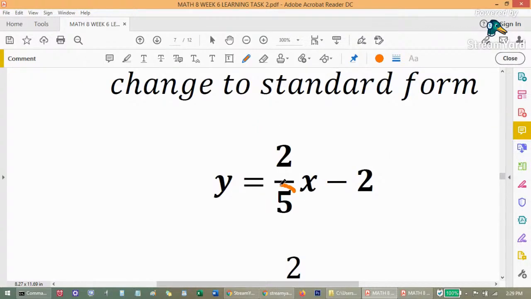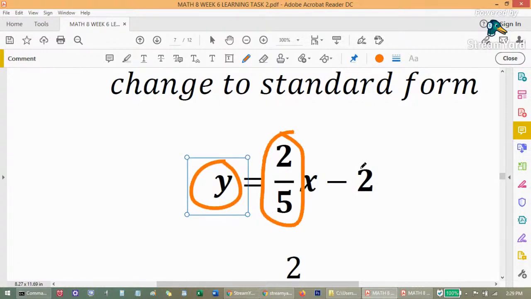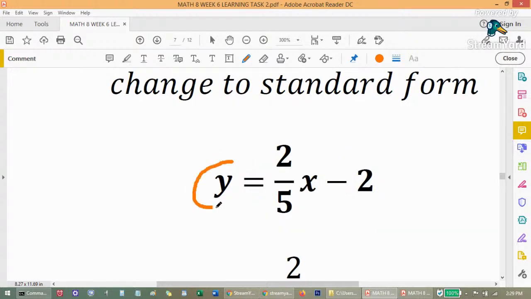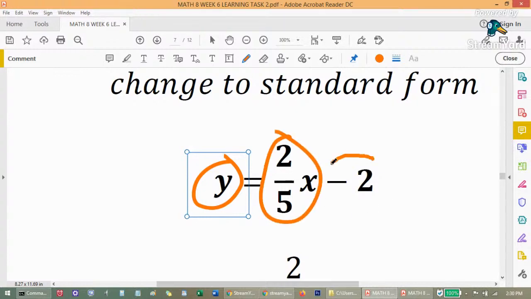And then since para kung gusto nating mawala tong 5, multiply natin tong first, second, at saka third term. Multiply natin sila ng 5 para mawala tong 5 na to.